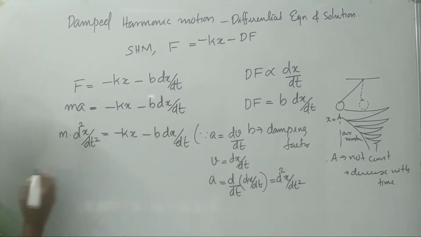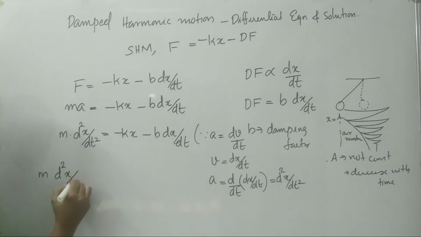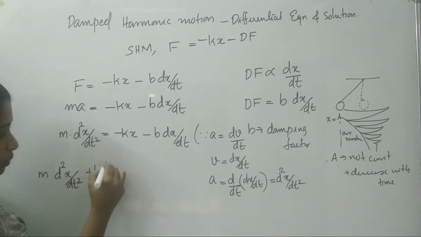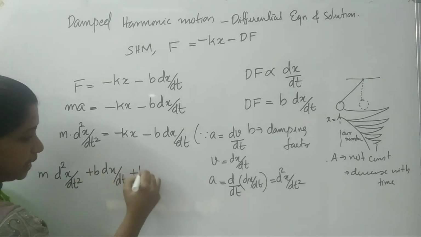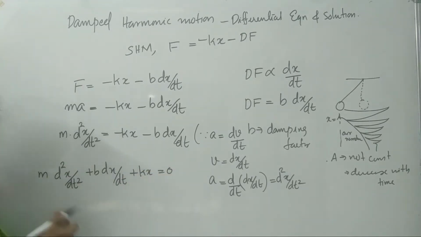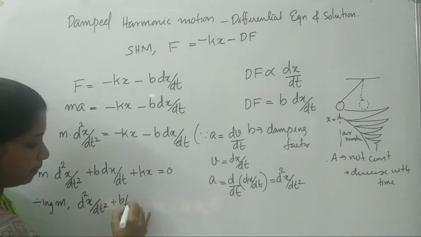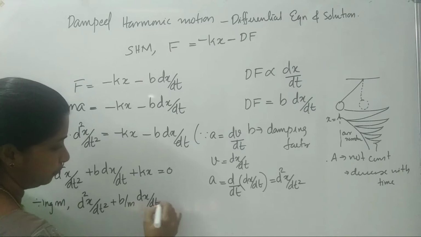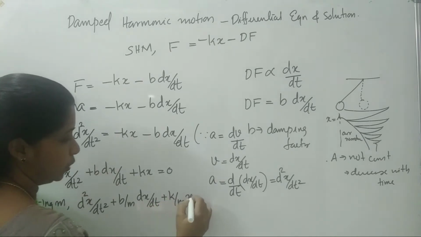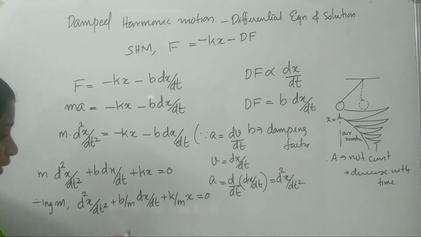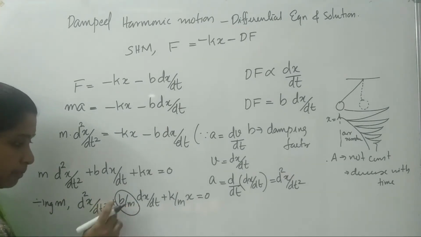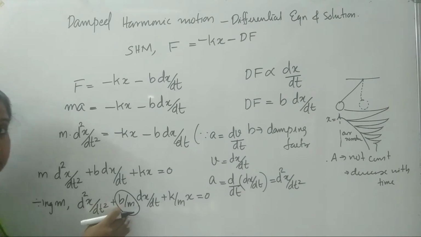Then putting all the terms on the left-hand side: d square x by dt square plus b into dx by dt plus kx equal to 0. Then dividing all the terms by m, we get d square x by dt square plus b by m into dx by dt plus k by m into x equal to 0. Here we can make a substitution for b by m, where b is the damping factor divided by the mass suspended.